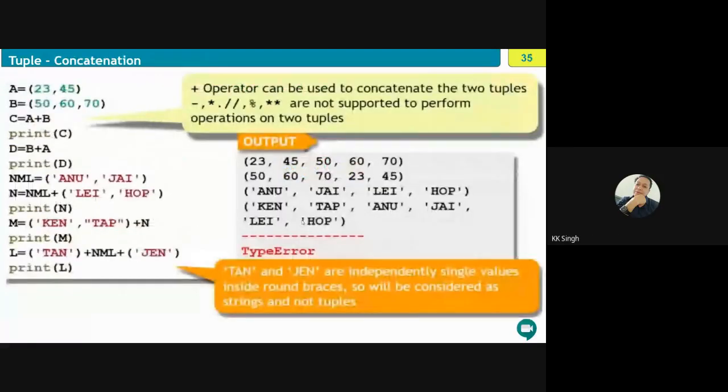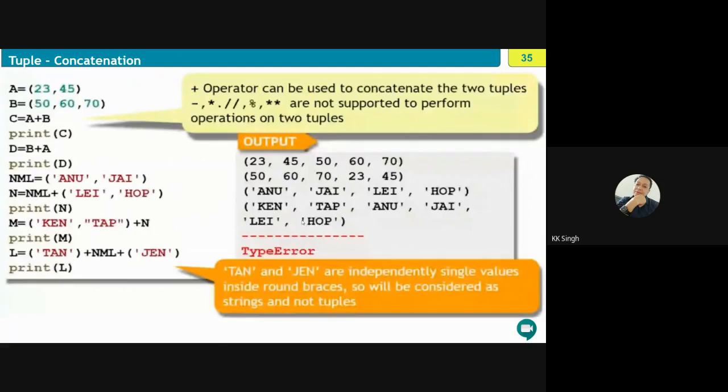See here, the question must be in your mind that we cannot apply arithmetic operations with tuples, but over here I am going to do that. So how is it possible? Say one tuple is 23 and 45.